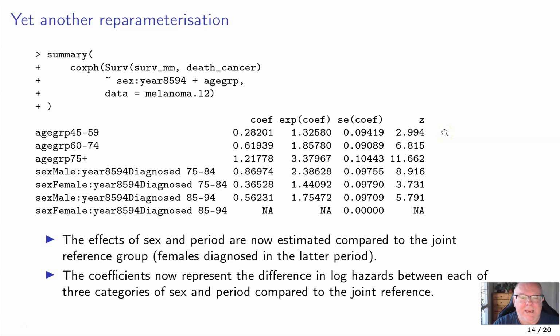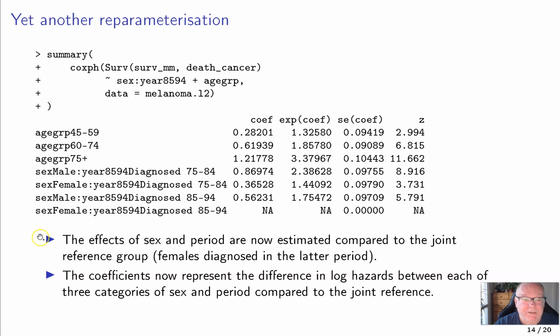Okay, here is yet another parameterization. So here I've put in the interaction between sex and year, but neither of the main effects. I haven't put in sex or year.